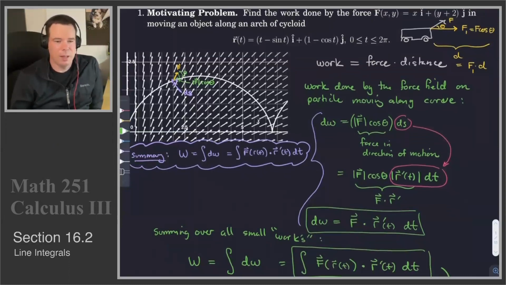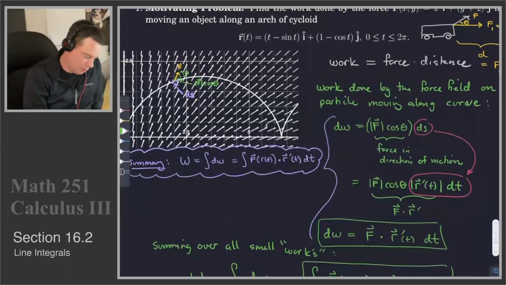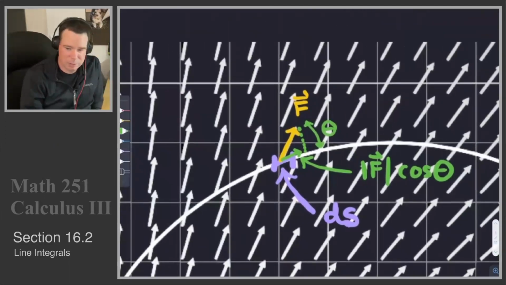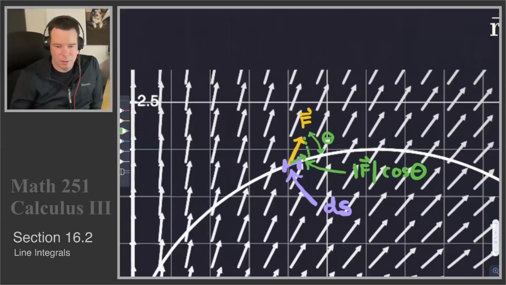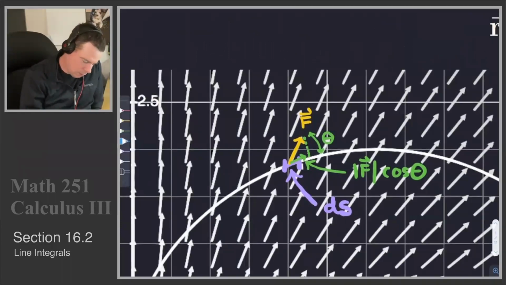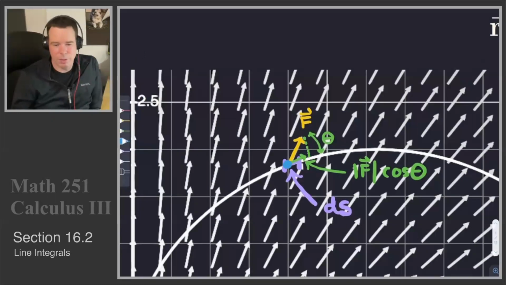So we only care about the force that's pointing in the direction of motion. At any given point we zoom in on, say that blue dot, I have a force acting on that point, given by that yellowy orange vector F. But I only care about the force in the direction of motion.